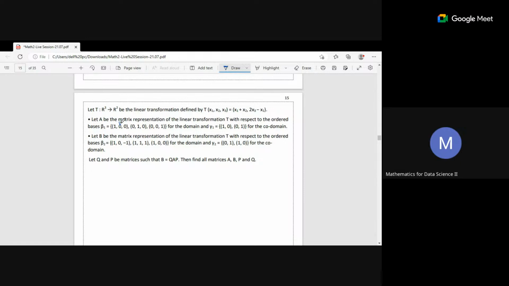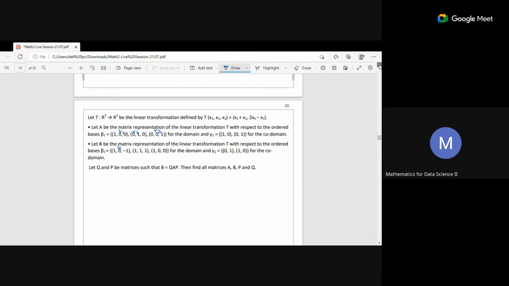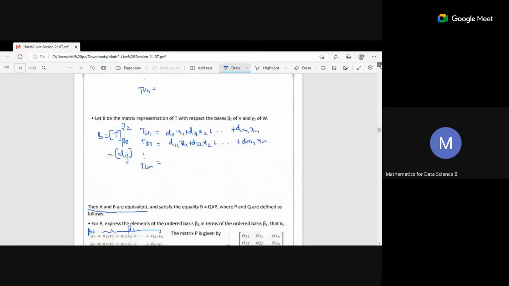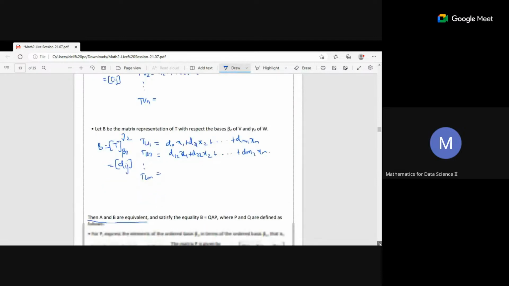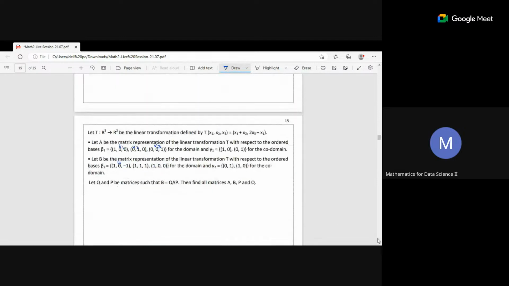What is A? What is the procedure to find A? So maybe we call V1, V2, V3, and this one I call U1. I don't want to change notations. I don't want to confuse you. This is V1, U1, W1, X1. I use the same notation here. This is W1, W2, W3.